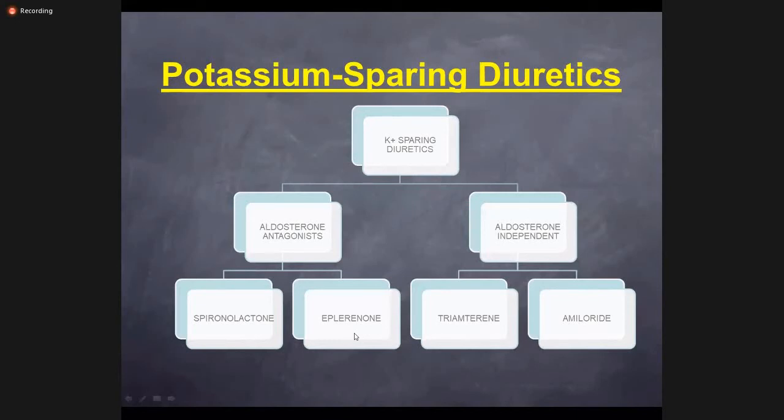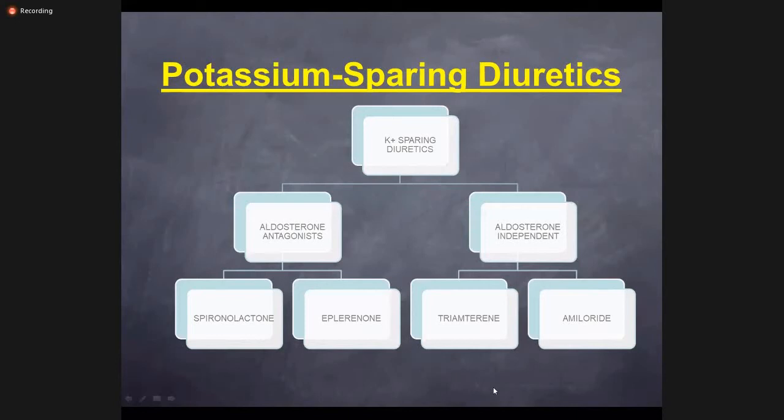There is another very interesting point. There is a condition in which, if we use aldosterone antagonists, whether spironolactone or eplerenone, the patient is not going to show a response. In this condition there is deficiency or decreased level of aldosterone.